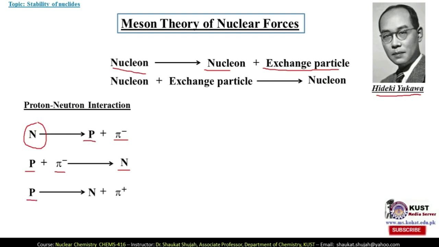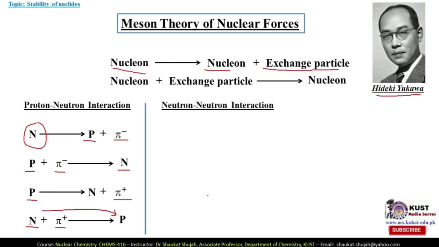A proton can be converted to a neutron by emitting a positive pi meson, and then this positive pi meson is absorbed by another neutron, and that neutron is converted to a proton. The neutron can also interact with a neutron through neutral pi mesons.